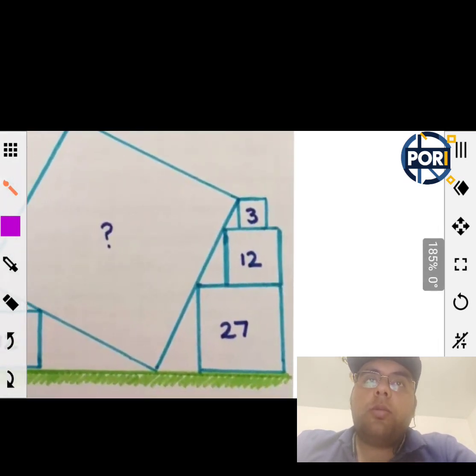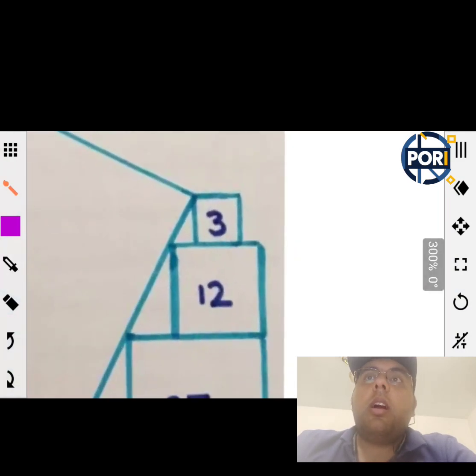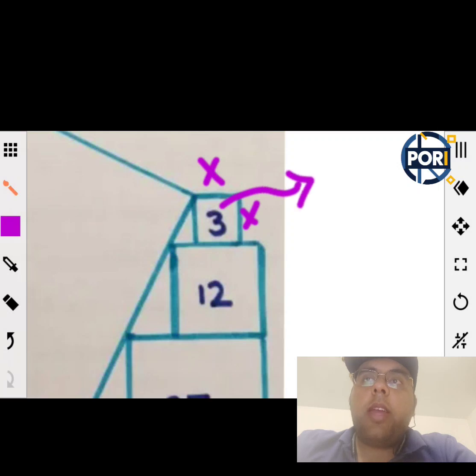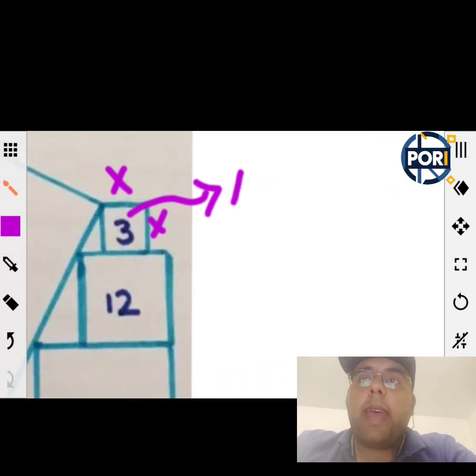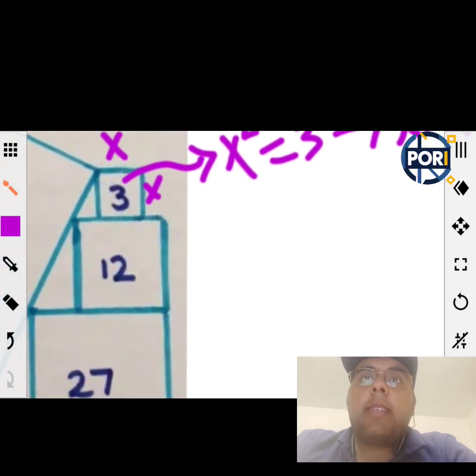To solve this question, let's call the side of the smallest square x. The area can be expressed as x squared. So x squared equals 3, which means x is the square root of 3.